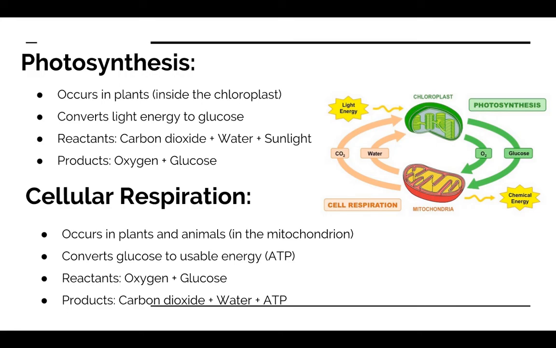And the main purpose is to take that glucose and make it usable energy, so make it ATP that the cell can use. The reactants are the same as the products for photosynthesis. So we've got oxygen and glucose. Remember, this process kind of connects and cycles through with photosynthesis. So you can see the picture is one big circle. The products of cell respiration are carbon dioxide, water, and ATP.